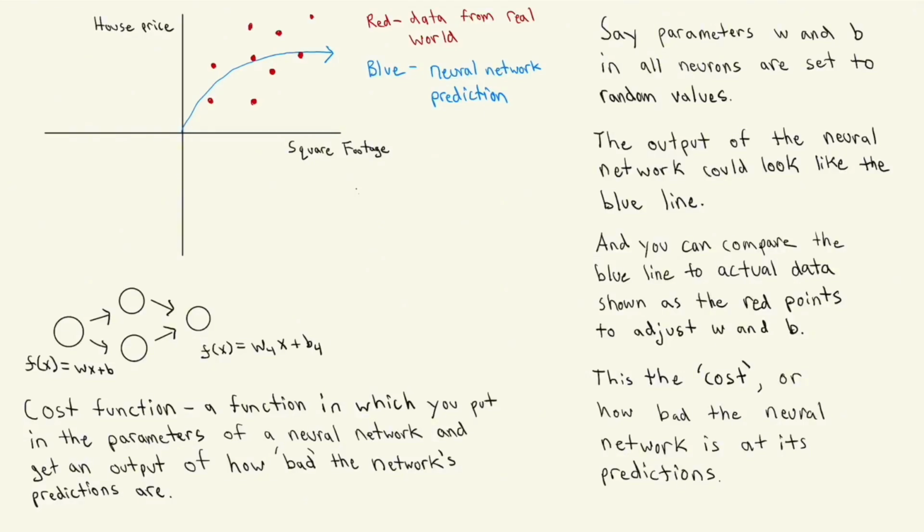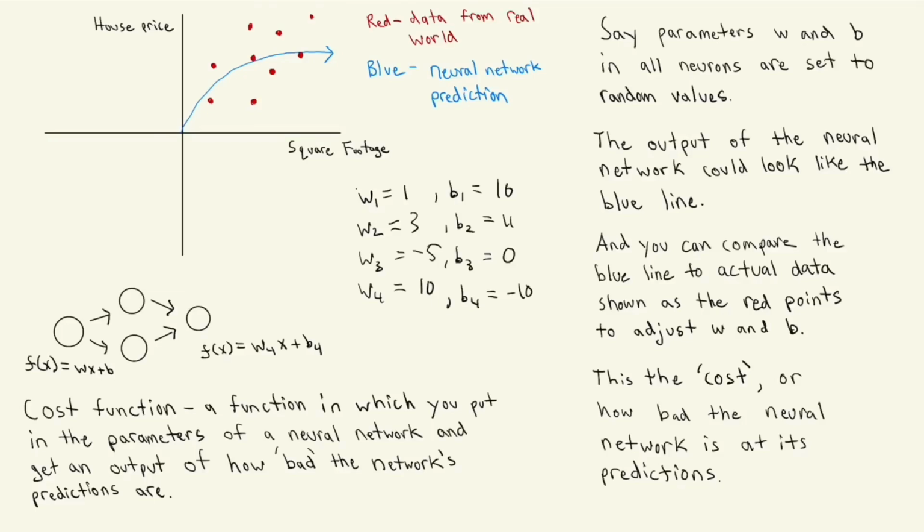So say all of the parameters in this function are set to values like this. W1 is 1, W2 is 3, W3 is -5, W4 is 10, and B1 is maybe 10, B2 is 11, B3 is 0, B4 is -10.